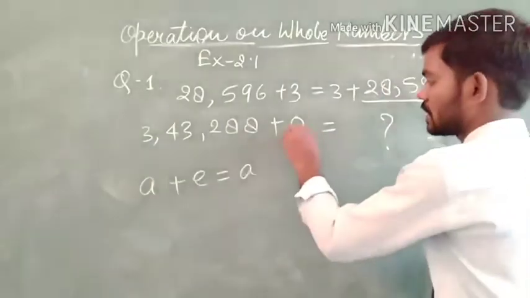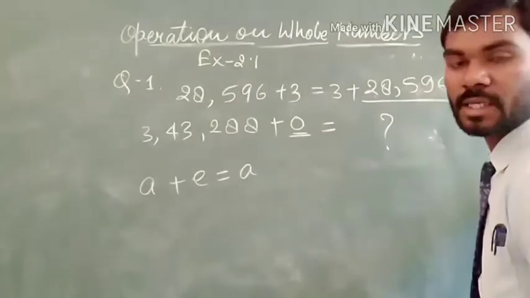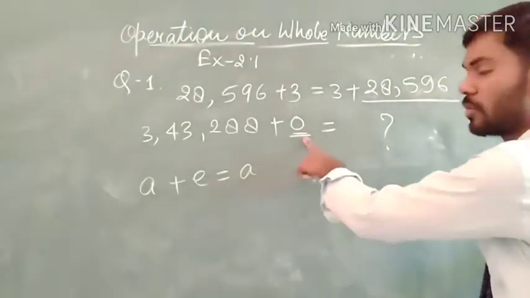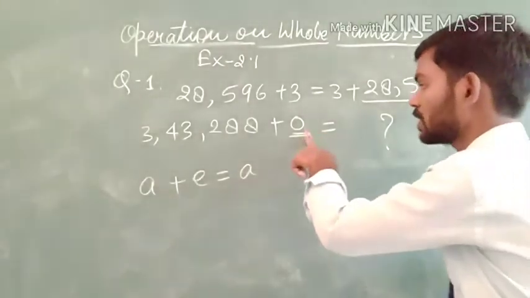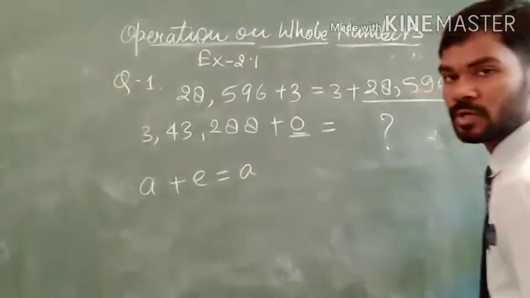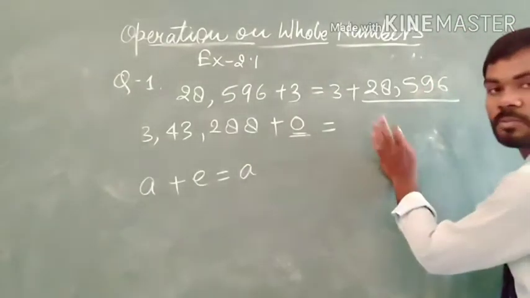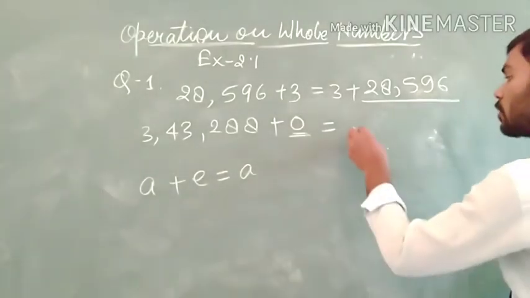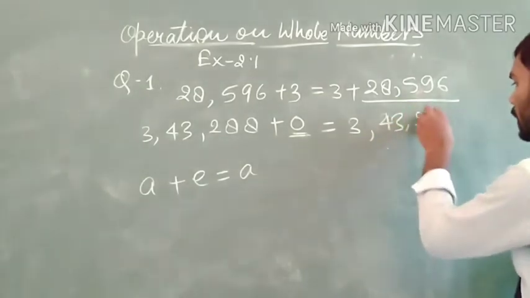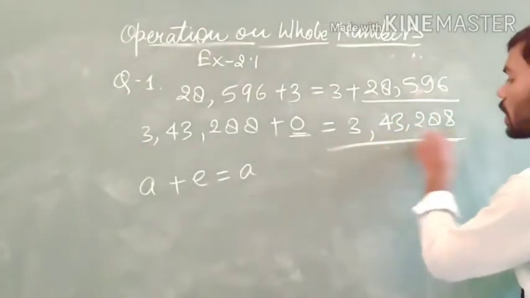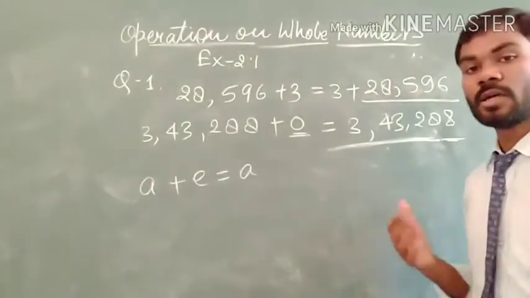So here, since 0 is added to 3,43,288, that means 0 is an additive identity. Therefore, when 0 is added to any number, the result remains constant. So in the place of the question mark, the number will be 3,43,288. Here we use the concept of additive identity to get the answer.